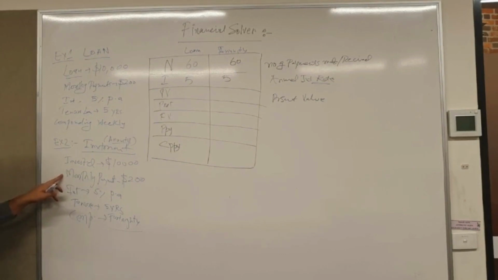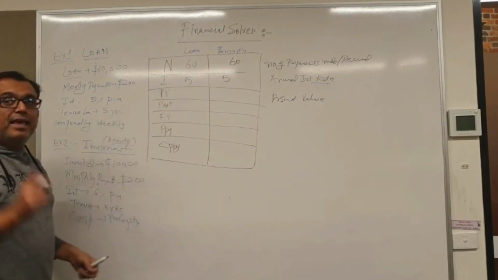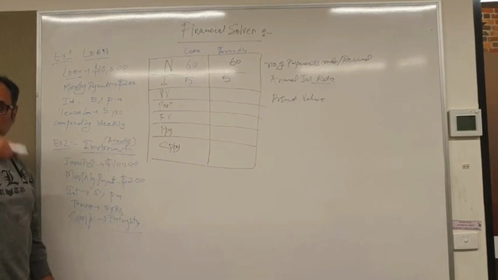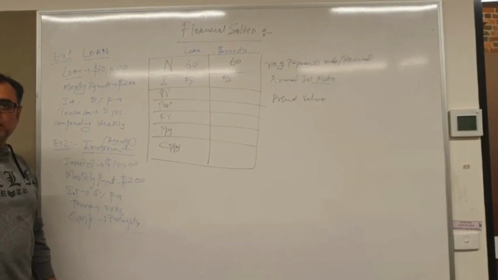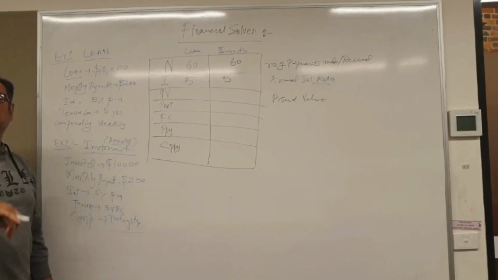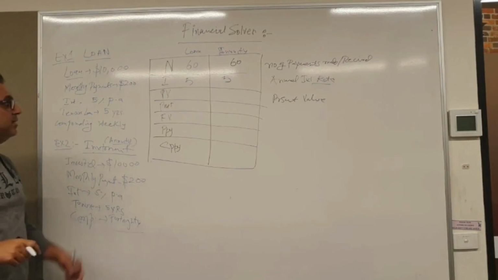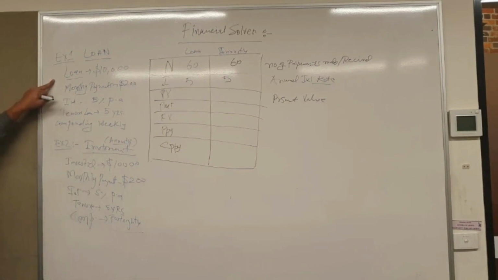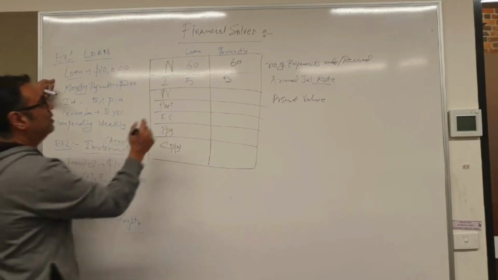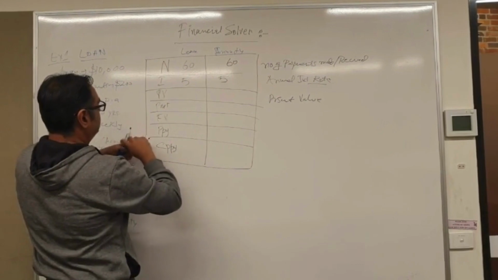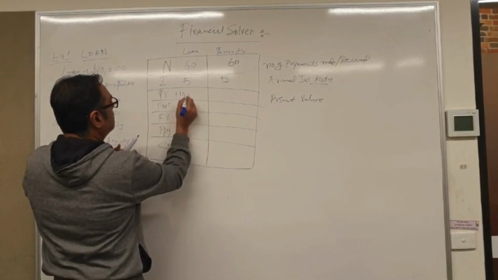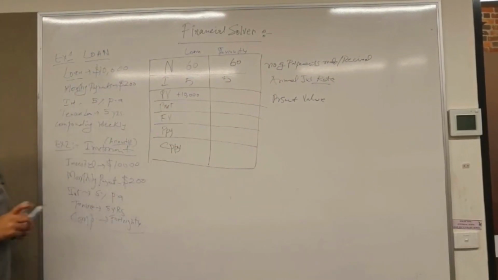What's the difference here? Any money coming into your bank account is a positive. Any money going out of your bank account is negative. I told you last time. For loans, money is coming in. You've taken a loan, it comes into your bank account. So, positive 10,000.